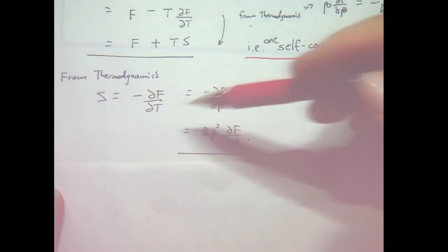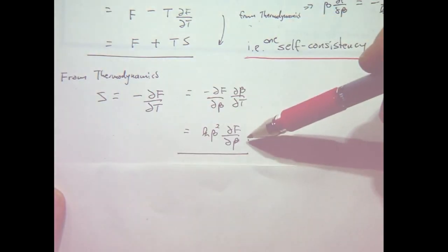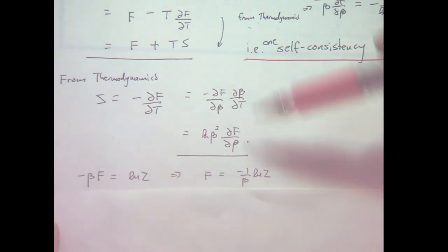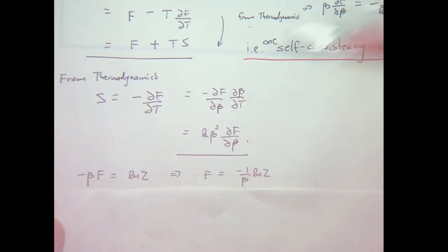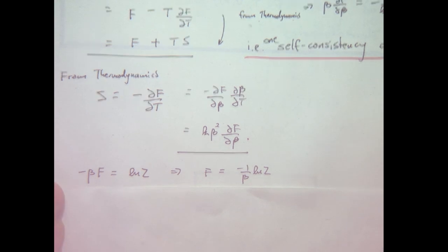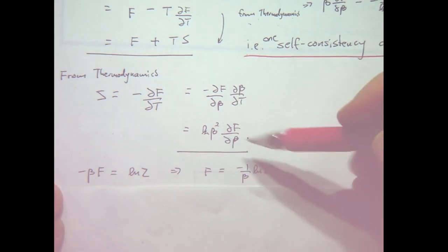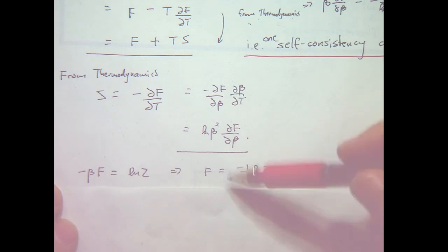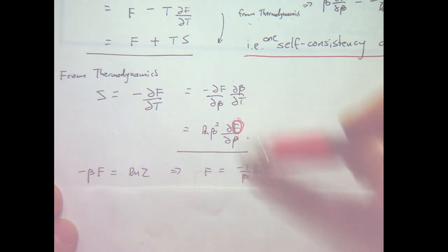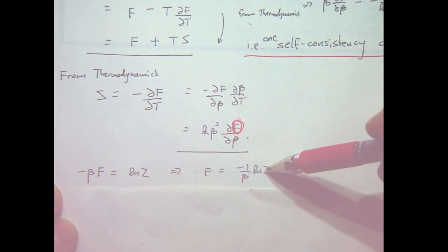Now, let's get the entropy in terms of the log of the partition function, because we want to be able to calculate everything from the log of the partition function. So, minus beta F is log of Z. Okay, so the F that we differentiate here is minus 1 on beta log of Z.